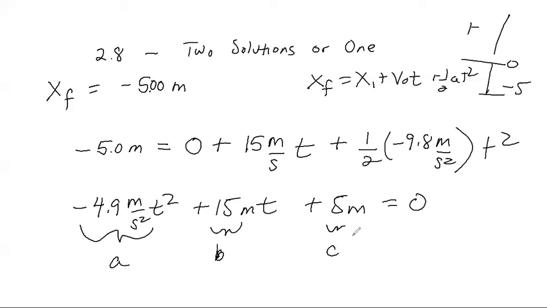We're going to use the quadratic formula to solve this, which is t, or x, but we'll call it t, equals -b plus or minus the square root of b squared minus 4ac, all over 2a.